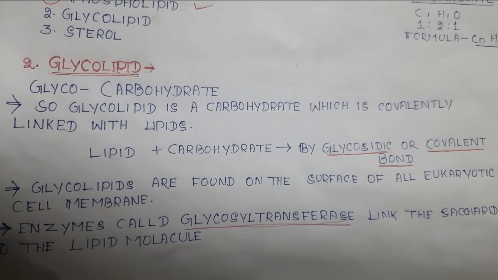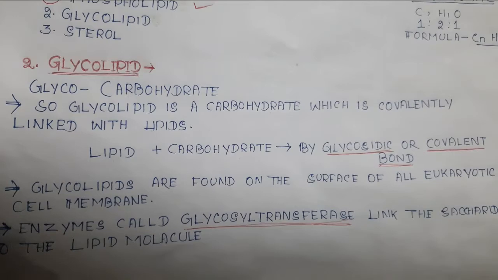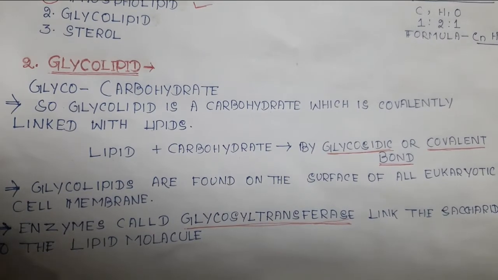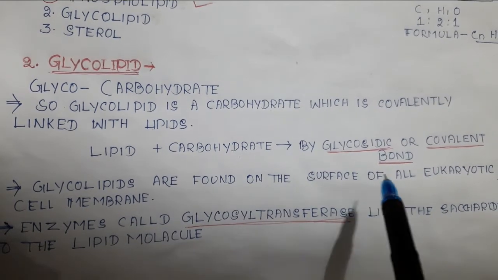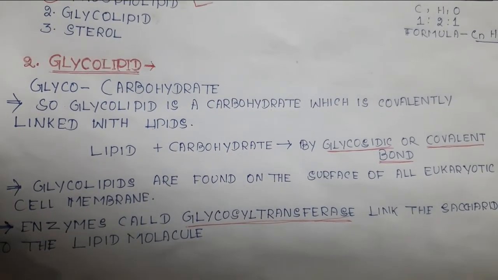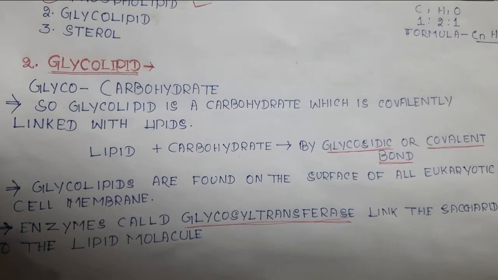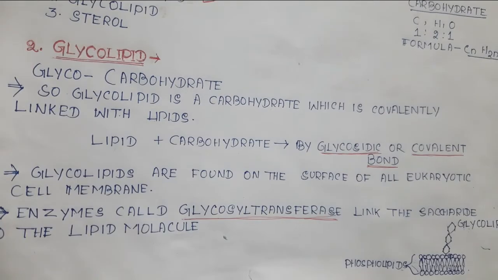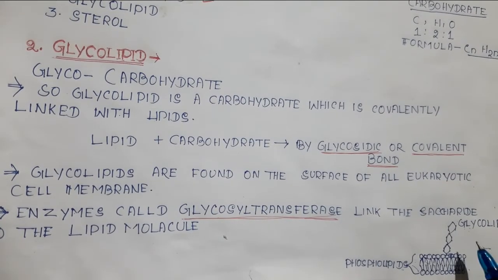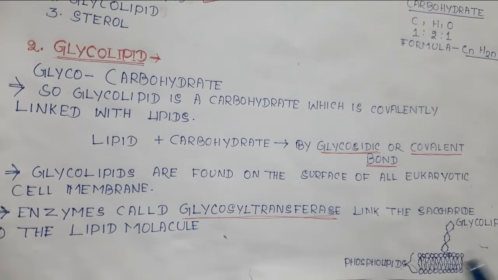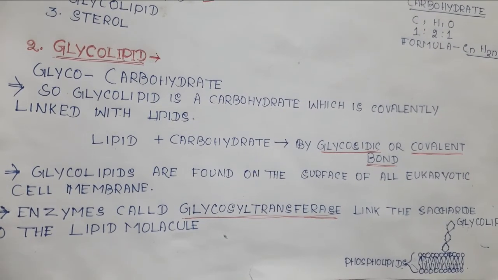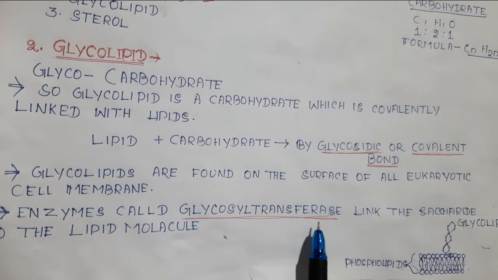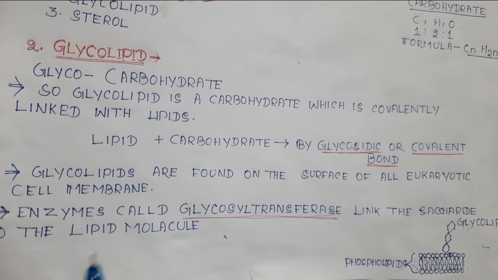If we talk about the location of glycolipid, it is mainly found on the surface of the eukaryotic cell membrane, and it extends from the phospholipid to the outer environment. You can see in this picture that glycolipid extends out from the phospholipid. An enzyme called glycoside transferase links saccharides to the lipid molecules.